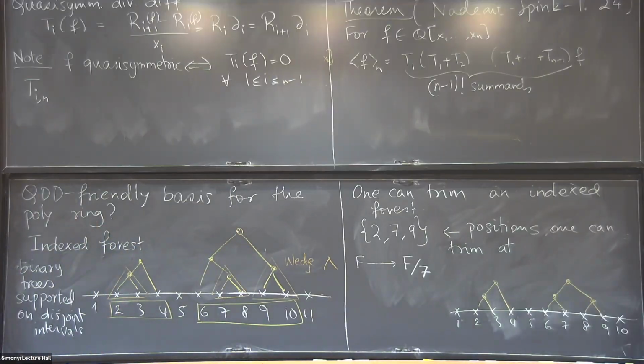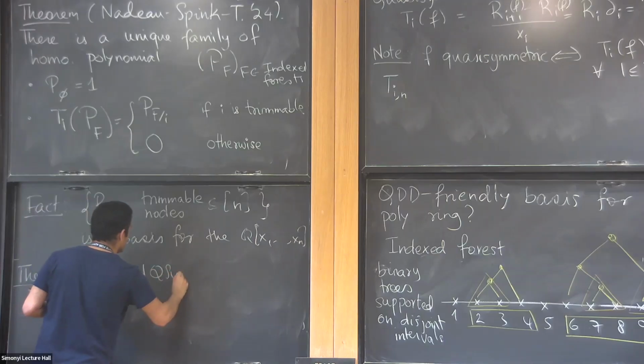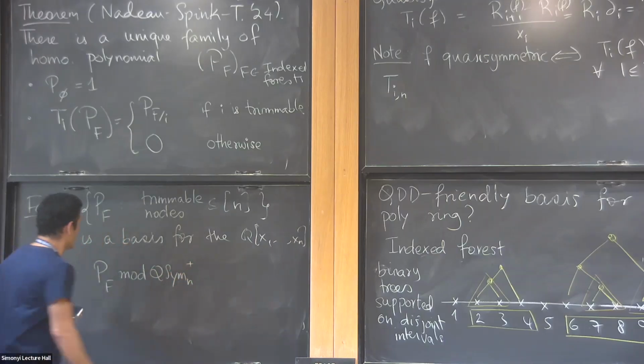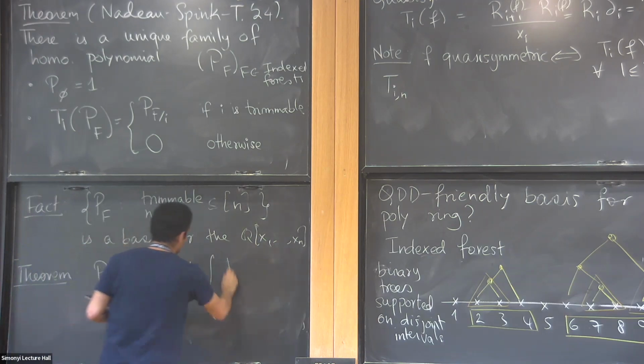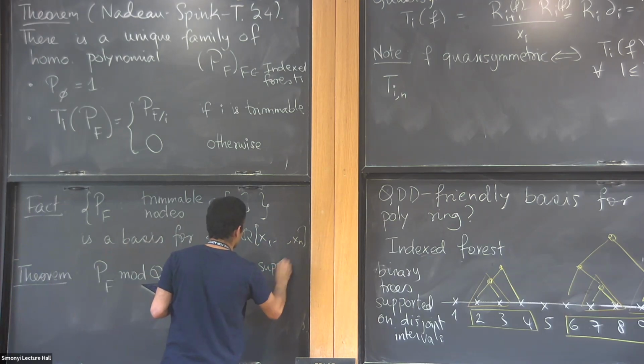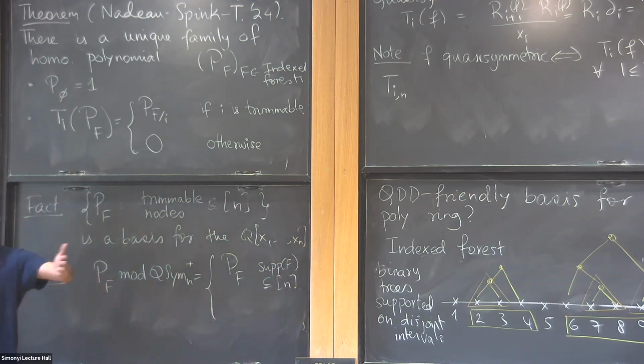Okay, so let me write that fact, and that sort of connects the two theorems, one of which I have clearly raised. Okay, so theorem: a forest polynomial modulo Q-sim is either the forest polynomial itself, if the support is completely supported on the first n numbers.